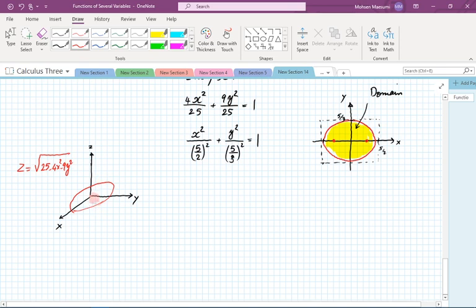So let's take an easy point, like x and y equal to 0. If I put them equal to 0, my z becomes square root of 25, which is 5. So 5 is going to be way up here. That's why it's getting out of our picture over there. And then inside, if I pick x and y's, I get a sense as to how this thing is approaching its zenith.